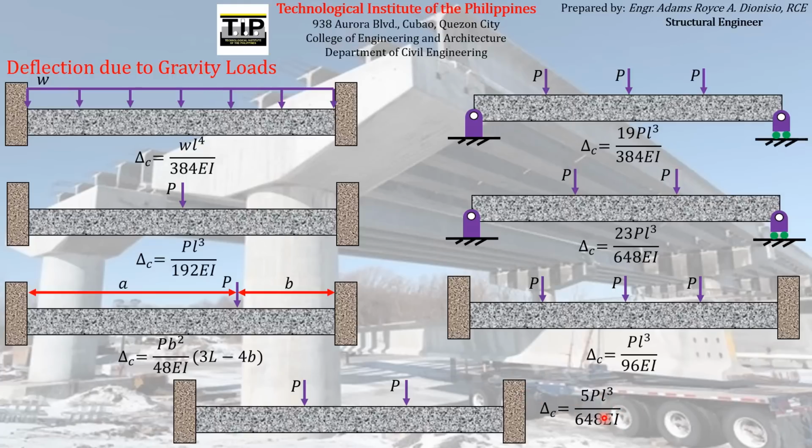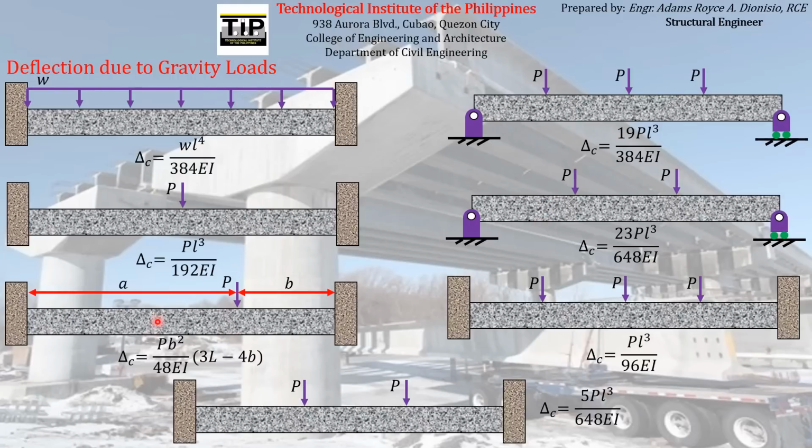So again, all of the deflections that we have shown here are deflections acting at the midspan or center of the beam itself. You can use those formulas for finding the deflection acting at midspan for beams with these particular load conditions.